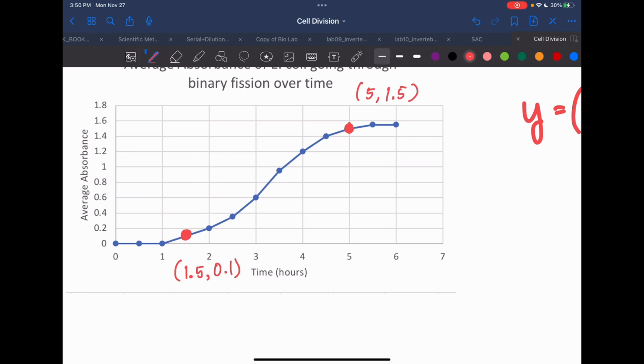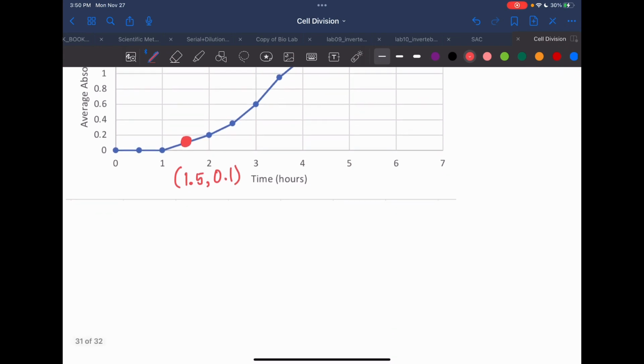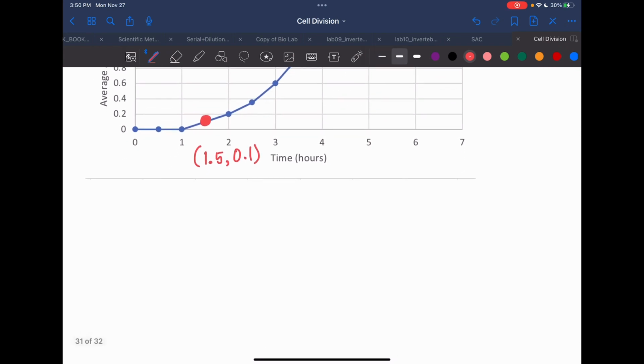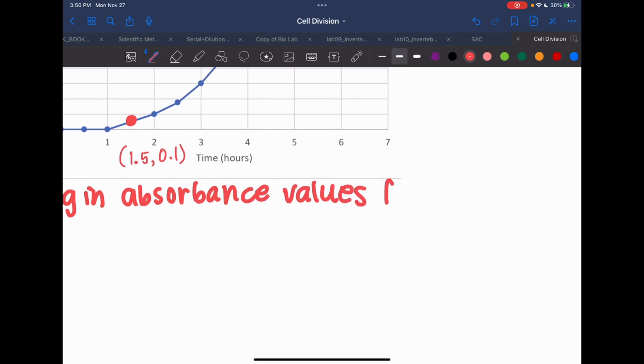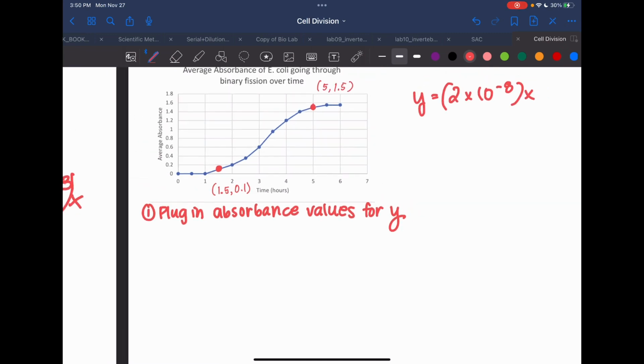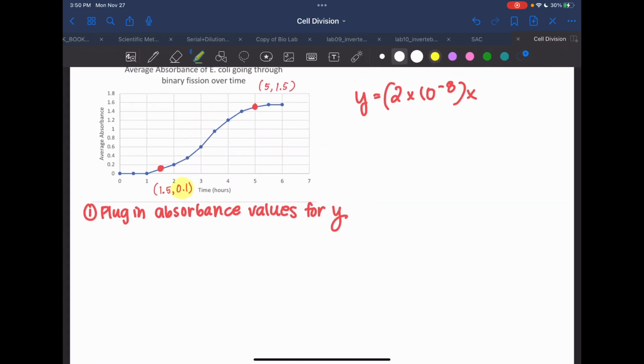If we were to put steps into our calculation here, the first thing we need to do is plug in absorbance values, which is what you collected data for, for y. That means I'm taking this number and this number, those are the y coordinates, those are the absorbance values.